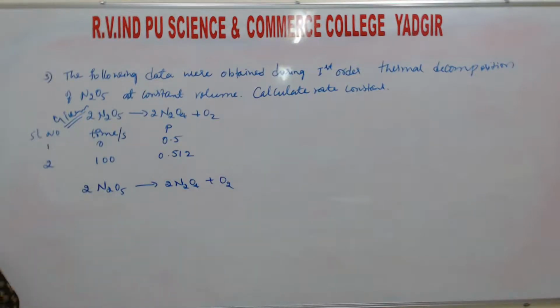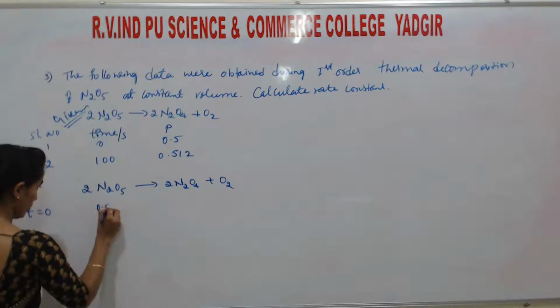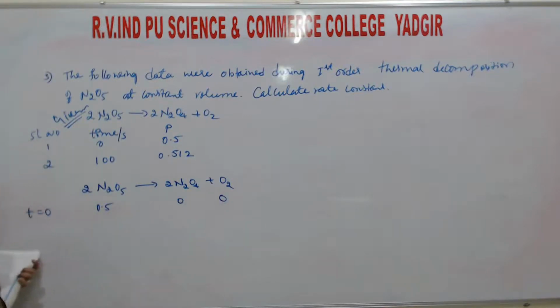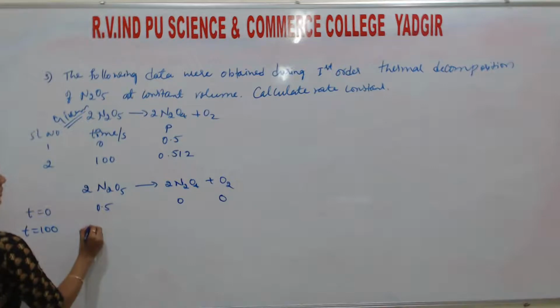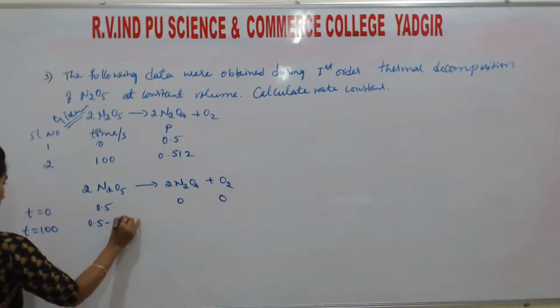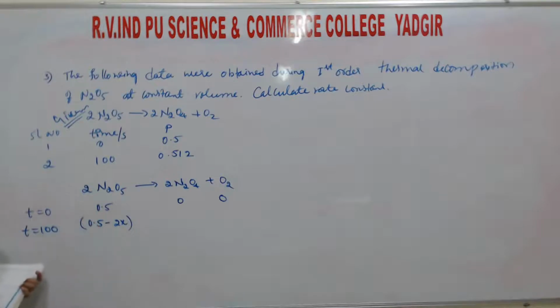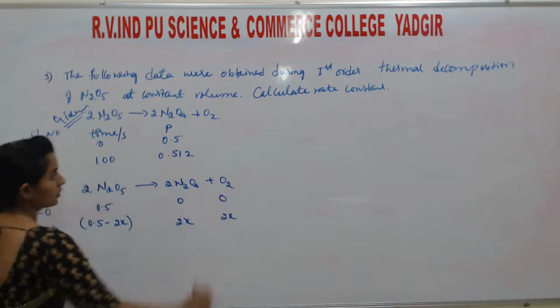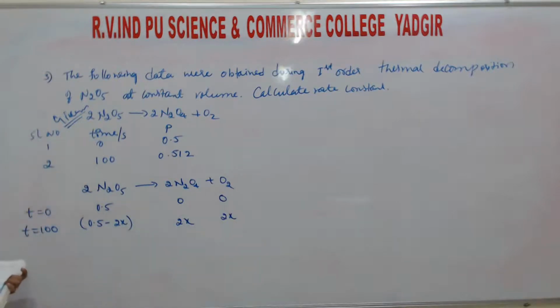So initially at time t equal to 0, it is 0.5. This is 0. This is 0. After time 100, this becomes 0.5 minus 2x. This one is 2x, this one is x.